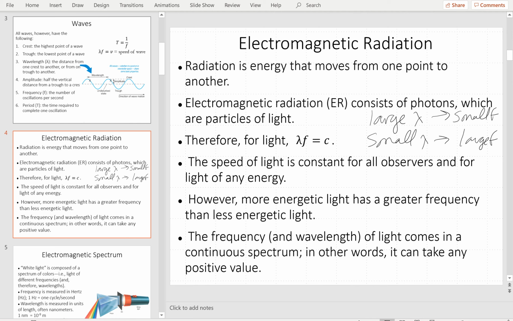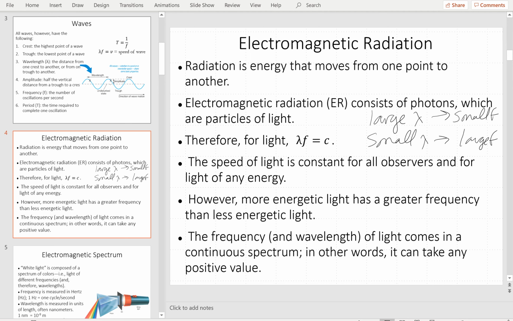So a large frequency means a lot of energy. I think this is intuitive because if you see a wave that's bouncing up and down really, really quickly, you would think it has more energy than a wave that's bouncing up and down very slowly. And that is indeed the case. So light that has a very high frequency, many oscillations per second, has more energy than light that has a lower frequency.